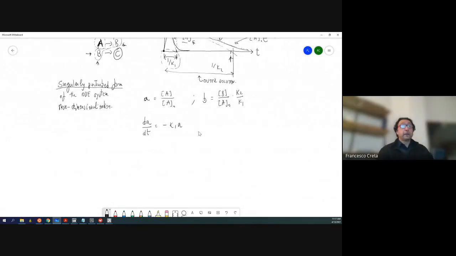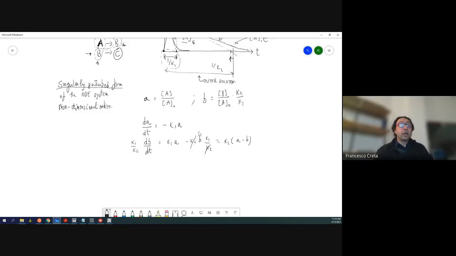And for B, we're going to have essentially K1 over K2 dB by dt equals K1A. So we're just non-dimensionalizing. It's very straightforward. B, K1 over K2, so this cancels. So we have essentially K1 A minus B.